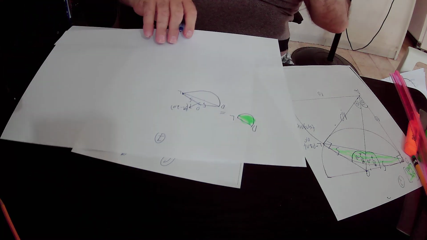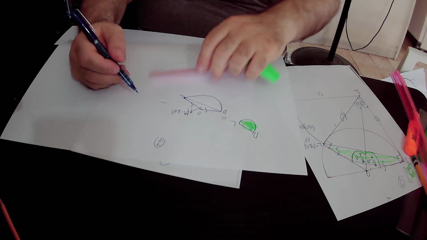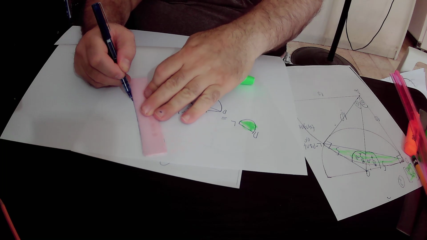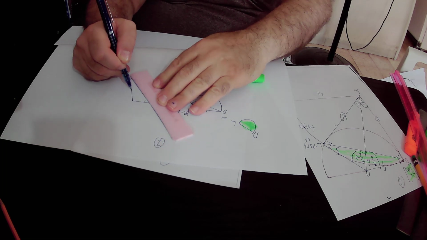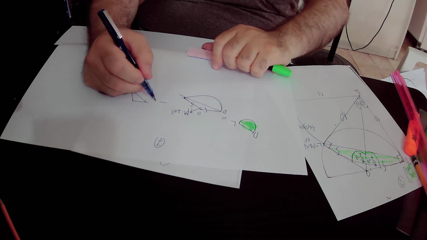This is sector DOL, and we have to subtract from it the area of triangle DOL. This is triangle DOL.